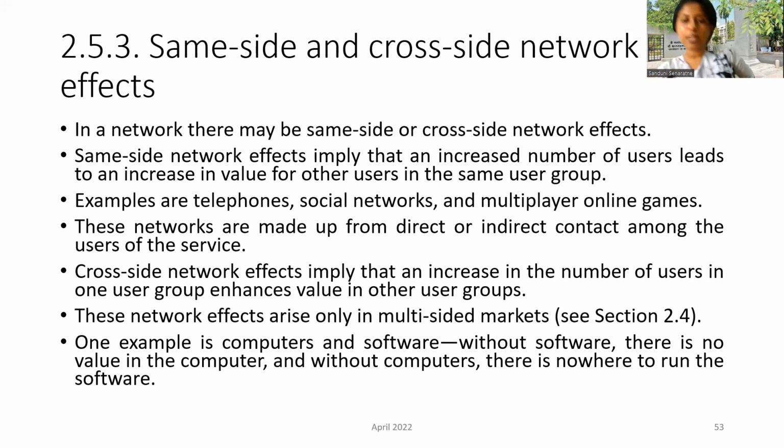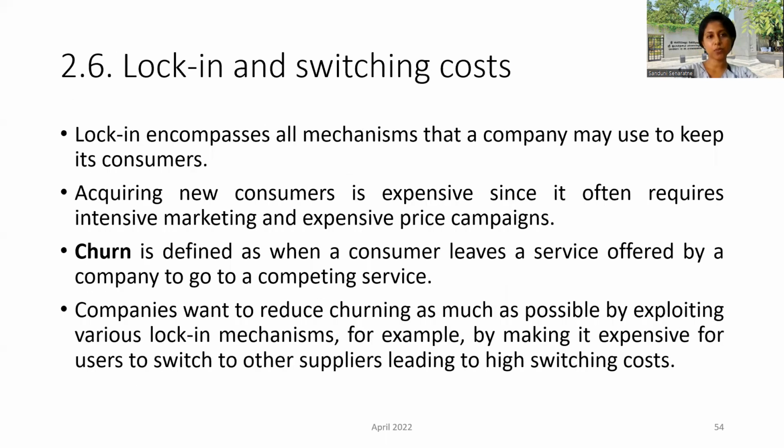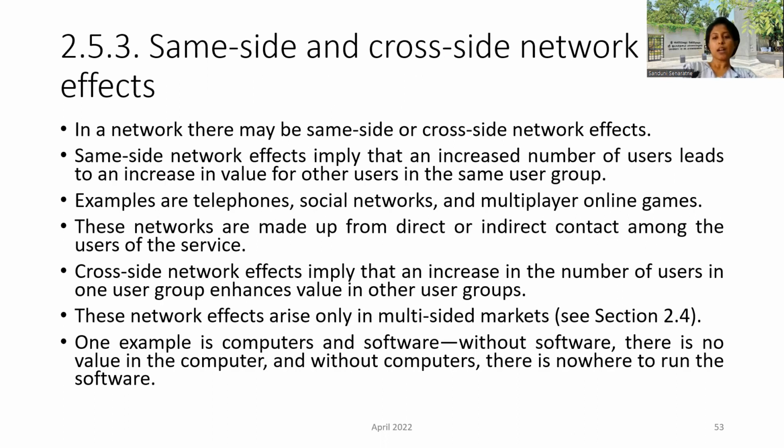If we take the example of Microsoft, Microsoft has Microsoft Windows and certain applications such as Word and Excel and so on. When more and more users adopt these services, there should be computers to run this software, so the computer users, the people in that network, benefit.